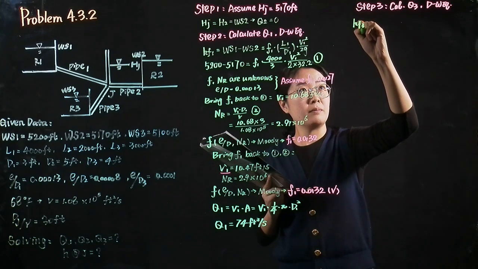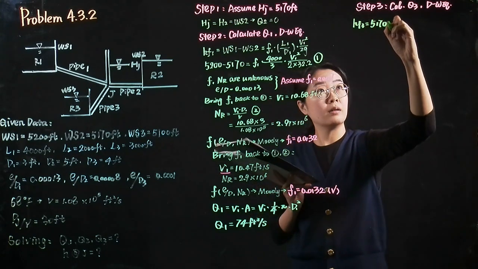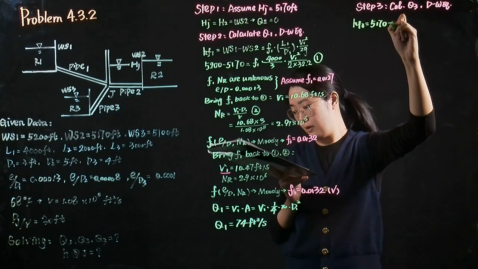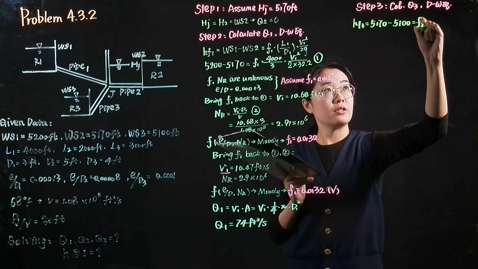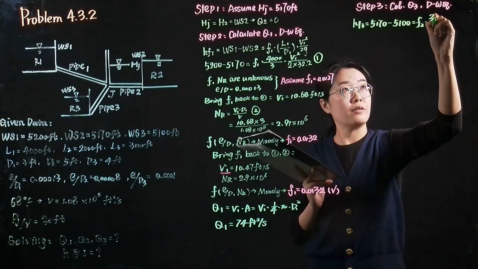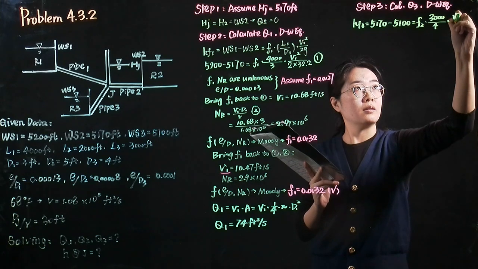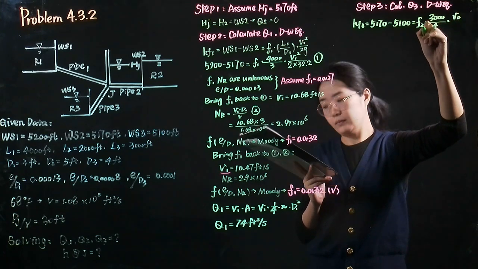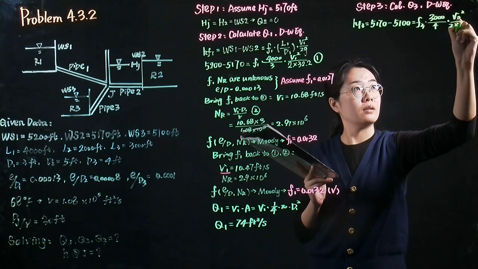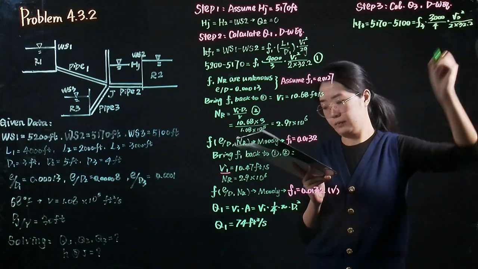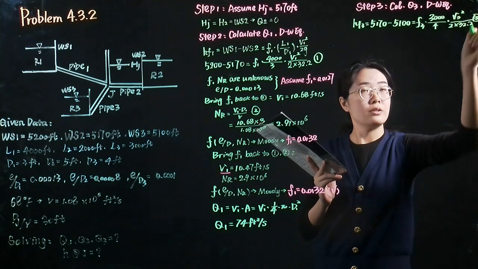The friction loss in pipe 3, which equals the difference of the elevation of the water surface, equals the friction factor times the length over diameter times the velocity squared over 2g. We call it equation 3.